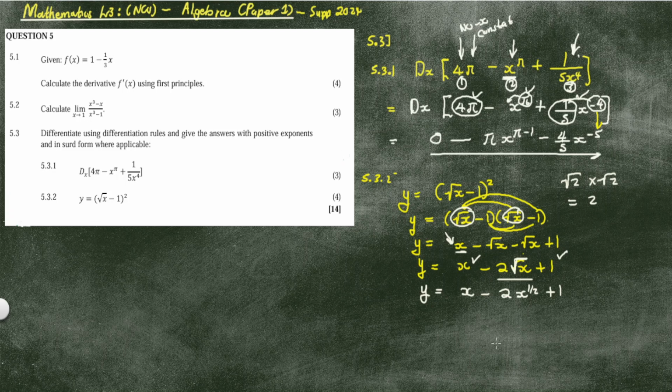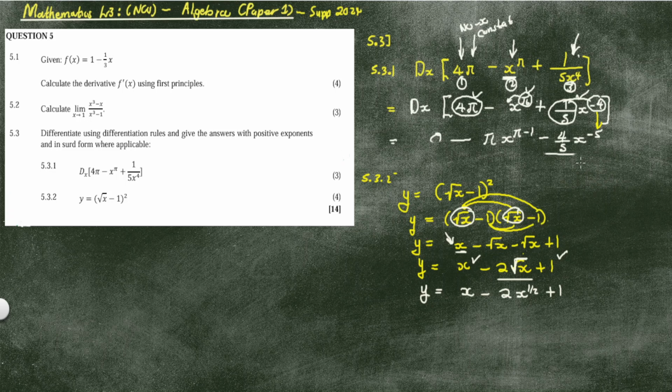Fractions. What do I mean by fractions? I mean that if x is in the denominator, square roots, third roots cannot be differentiated, including brackets. These are things that you need to simplify first before you can get the derivative.